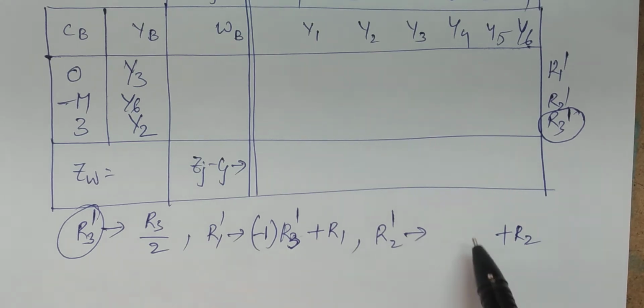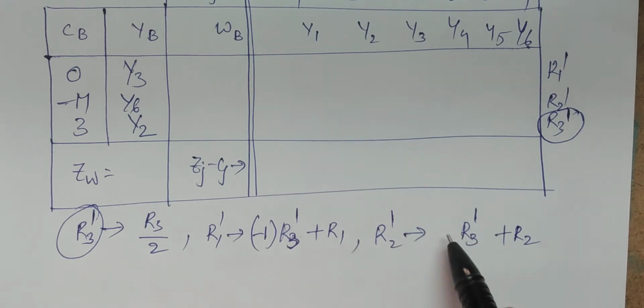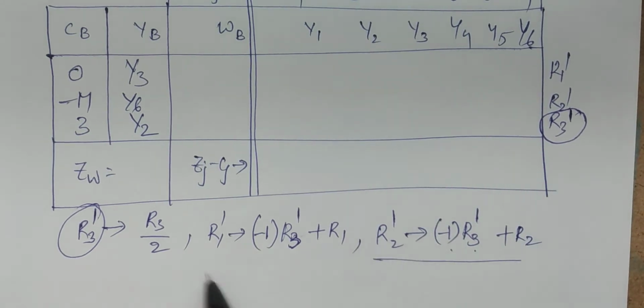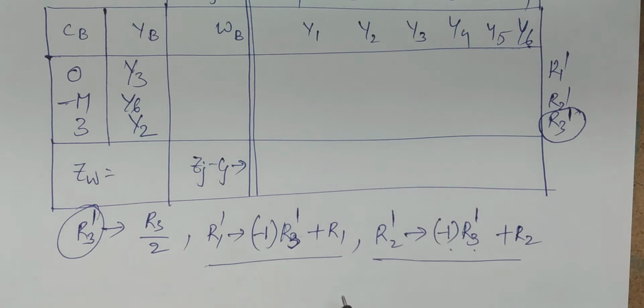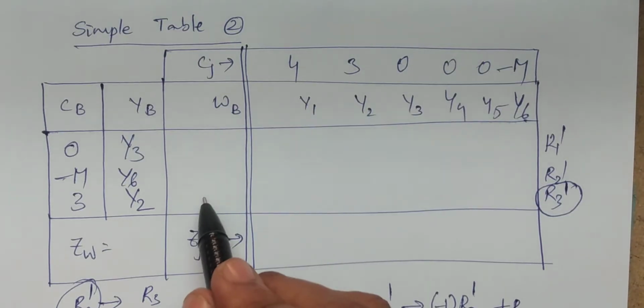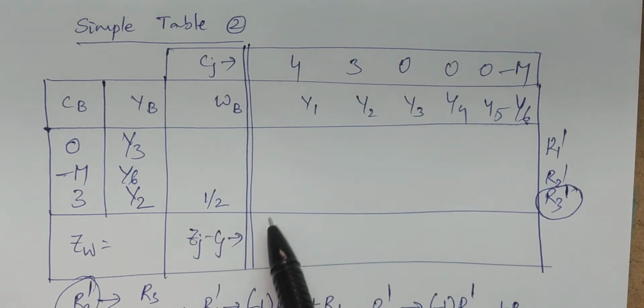And then you have to multiply R3 dash. What is the element you have to convert to 0? It is 1. Therefore you multiply with minus 1 again: minus 1 into R3 dash plus R2. Do this operation, this one and this one. What you will get if you do R3 dash, R3 divided by 2, then the first one, all the elements I am writing here. I am noting the values here, please kindly do the operations.